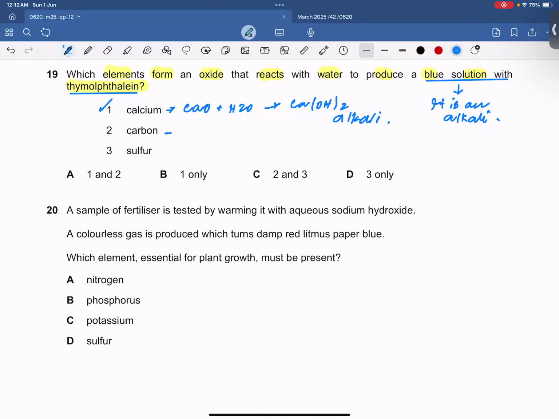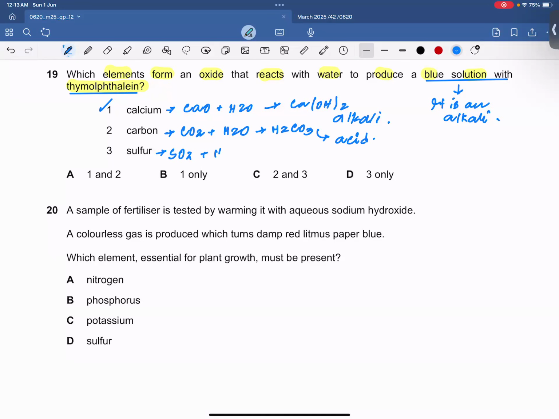The oxide of carbon is carbon dioxide, and when carbon dioxide is placed in water, it turns to an acid, which is H2CO3. So that's your acid, not an alkali. The oxide of sulfur is sulfur dioxide.